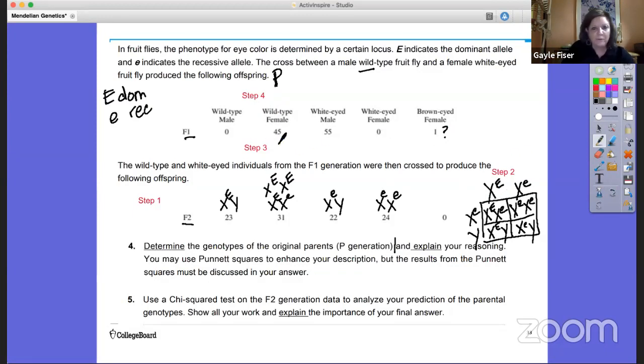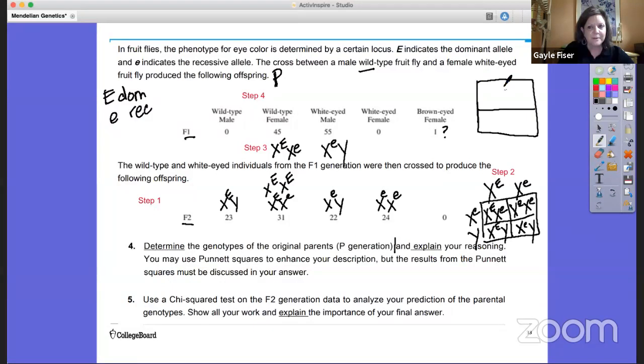Now we're moving these. The wild type female has to be this, and this wide-eyed male has to be this, okay? Now we need to know their parents. What had to happen to make that happen? We could work it backwards. Both boys look the same, right? There's only half and half.